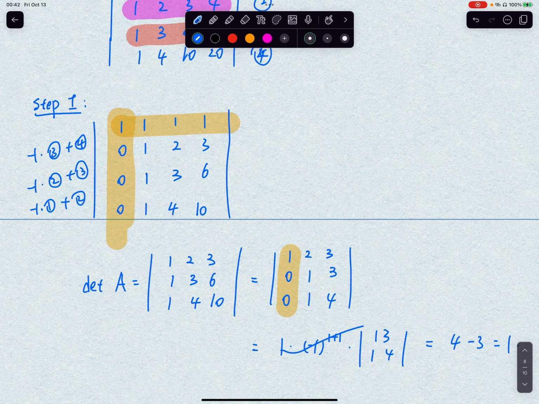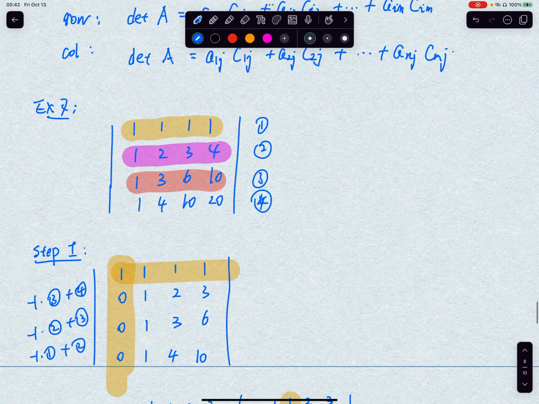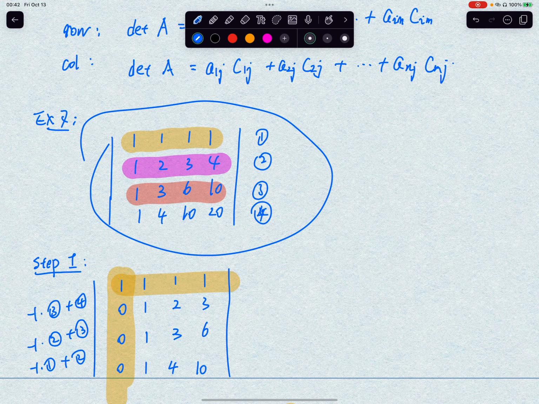So this is one trick for dealing with determinants of this form, for example, where one column or one row contains the same element.